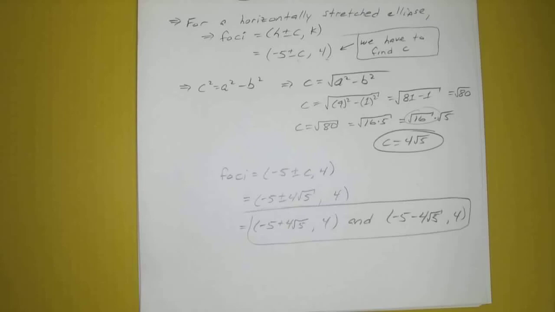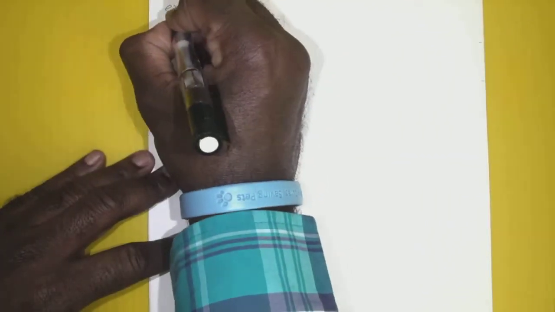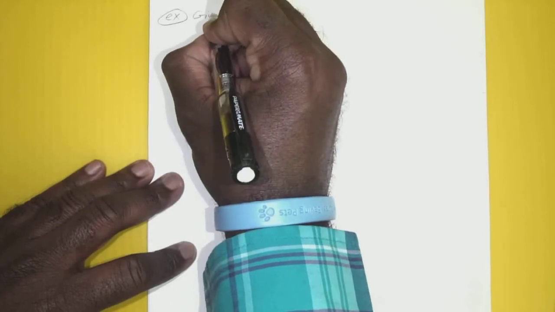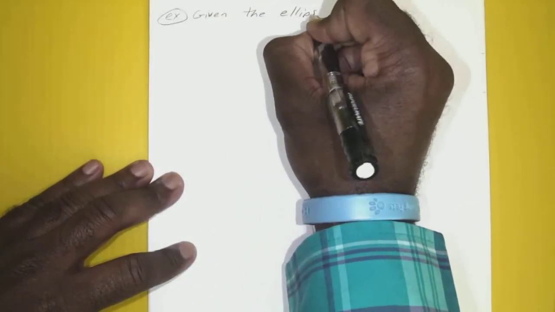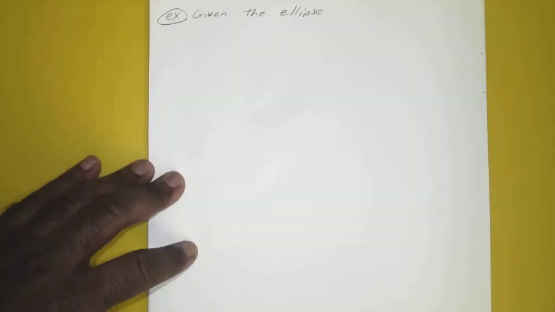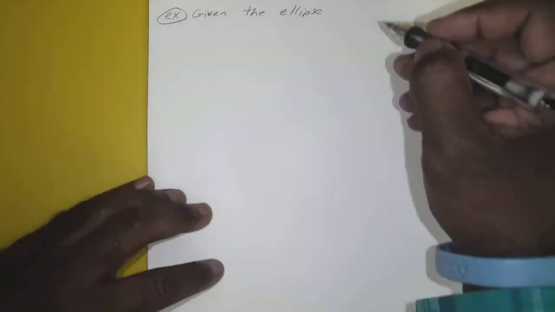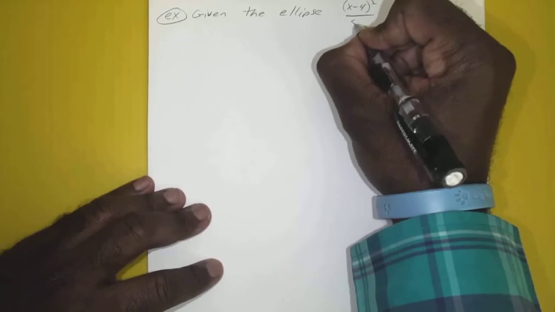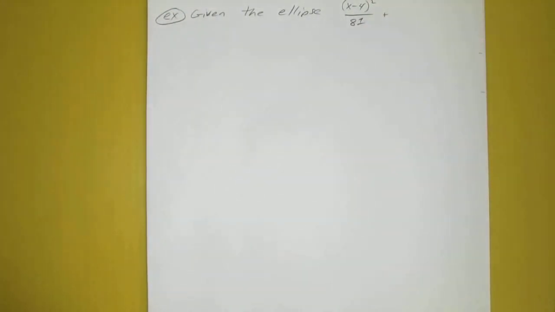Right, so let's say, for example, we are given the ellipse x minus 4 squared over 16 plus y plus 1 squared over 81 equals 1.